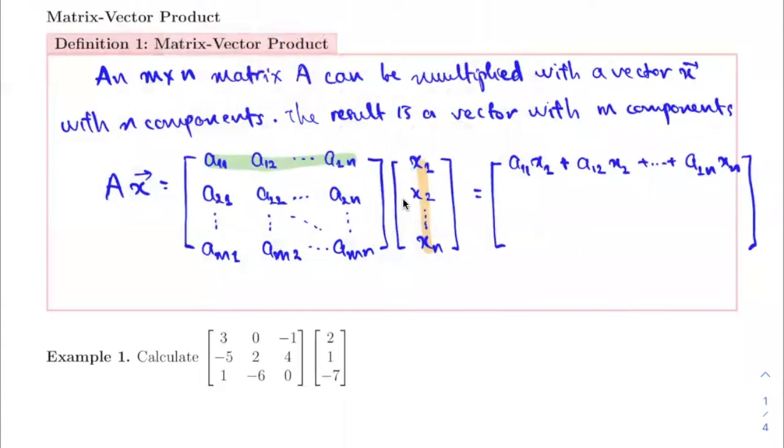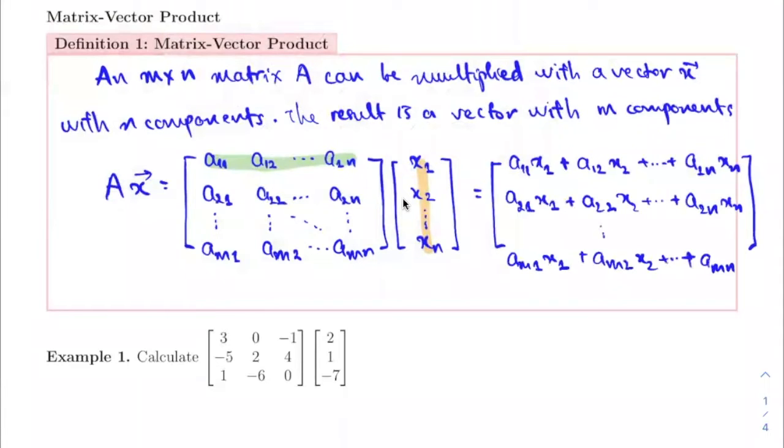For the second row, you have A21 X1 plus A22 X2 up to A2N Xn. And for the last row, you have AM1 times X1 plus AM2 times X2 up to AMN times Xn.